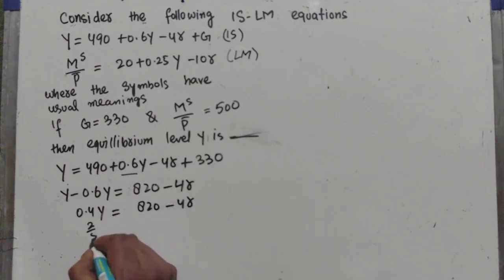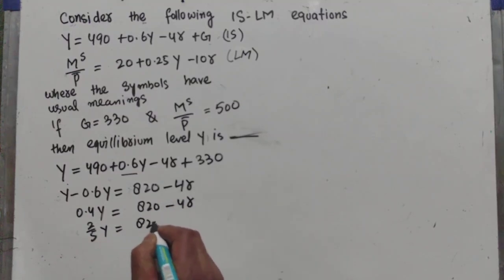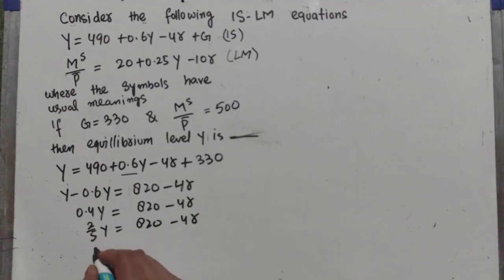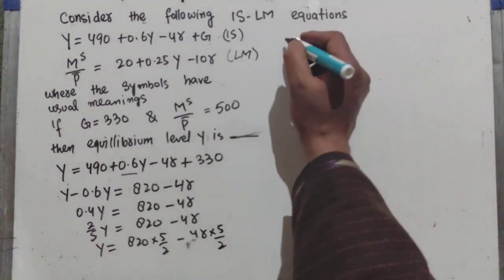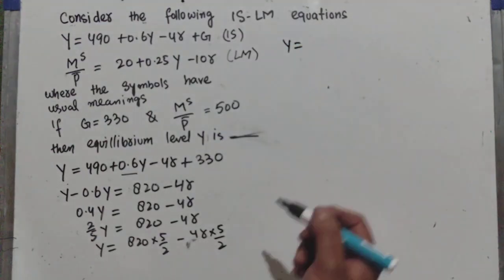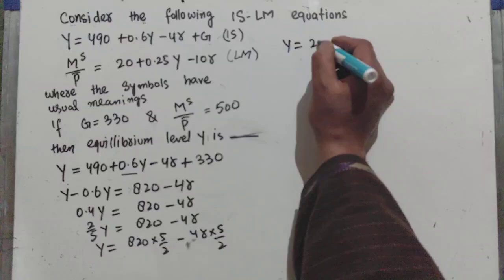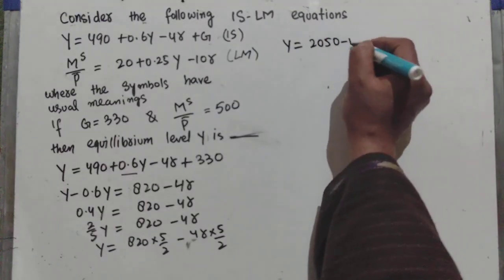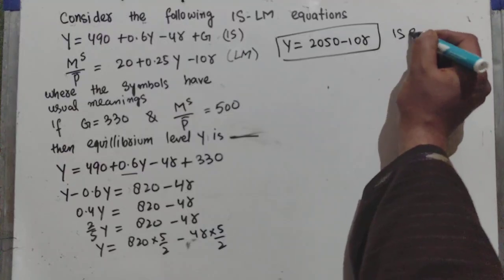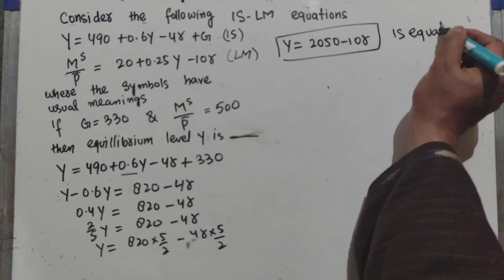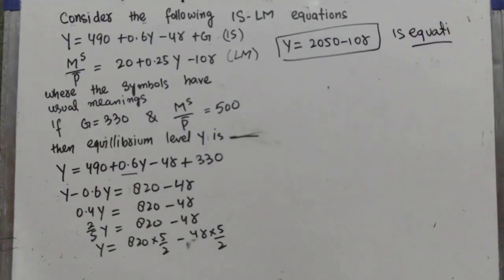This becomes 2 upon 5 y is equal to 820 minus 4r, or y is equal to 820 into 5 upon 2 minus 4r into 5 upon 2, which gives us, solving this, y is equal to 2050 minus 10r. This is our IS equation, in reduced or simplified form.